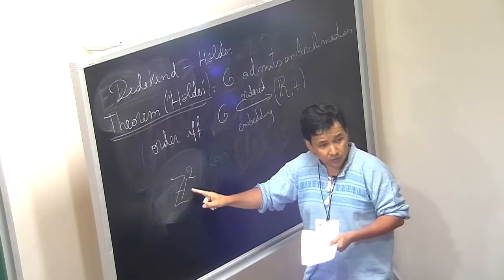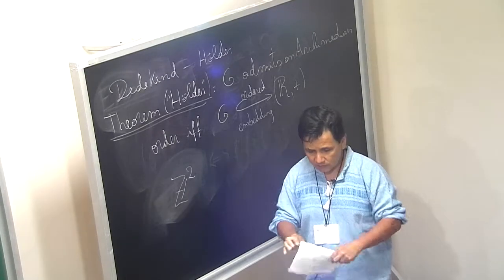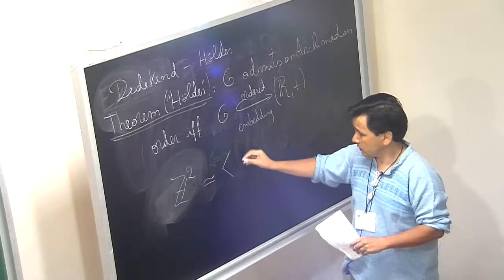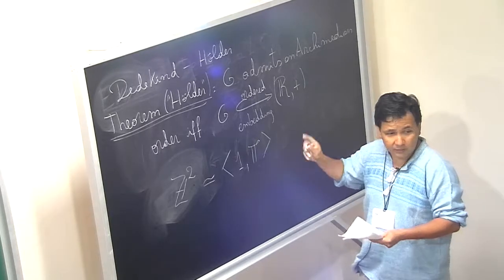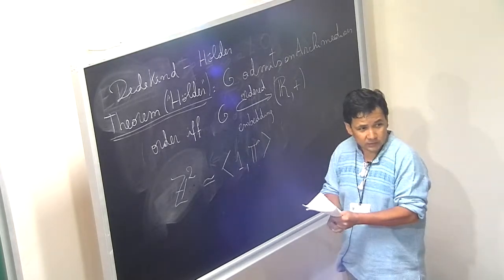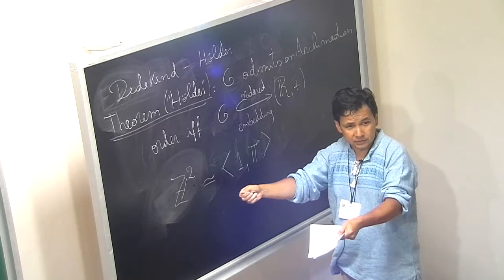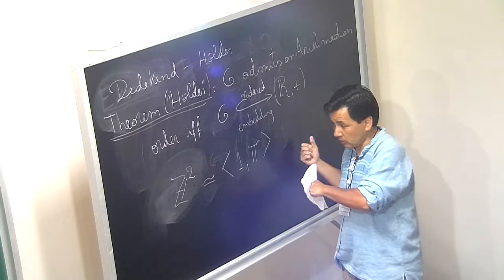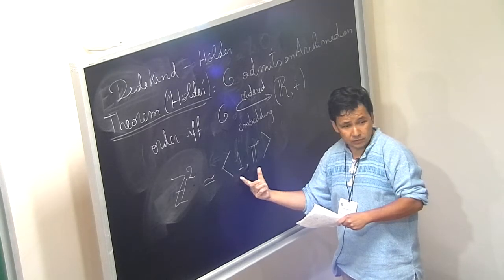However, there is another way to order Z squared. You see Z squared as the group generated by 1 and pi, or any irrational number, embedded into the reals. The reals are ordered, and you can push the order backwards to Z squared.